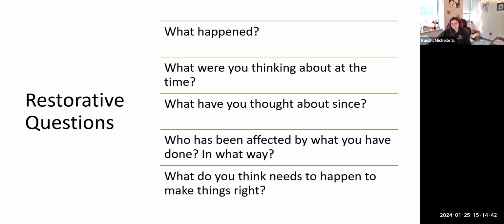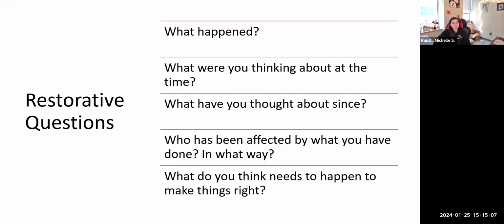What have they thought about since? There may be some time from when the conflict happened to when the restorative circle is happening. So in that amount of time, what have they been thinking about? Have they been thinking about anything related to the conflict? Have they been thinking about other things? Have they been thinking about the impact that this has had?